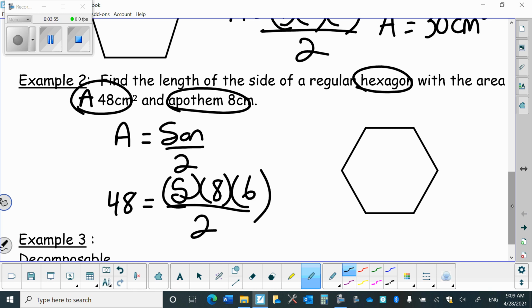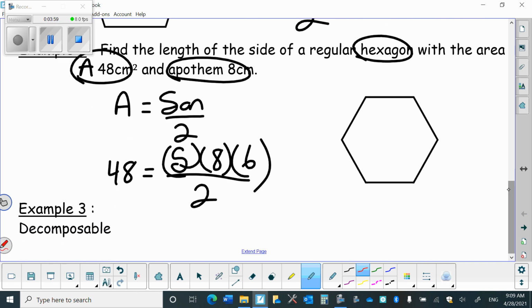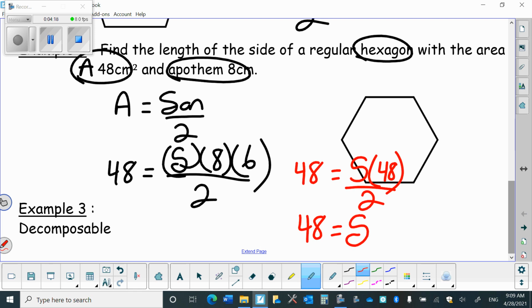So how do I solve this? This should be, at this point, guys, the baby equation to solve. So I'm just going to rewrite it over here to the right. My first step, I would definitely multiply my 8 and my 6 together: 48. Maybe you want to go 48 divided by 2 right away, times s, and that would give me a 24.